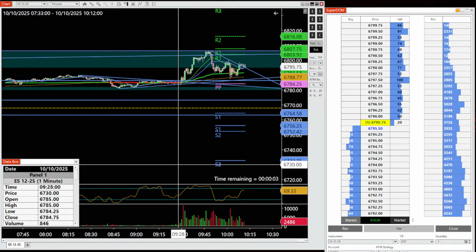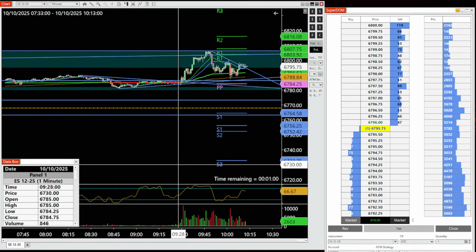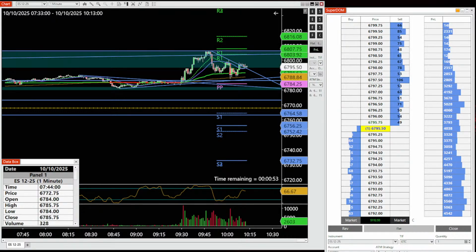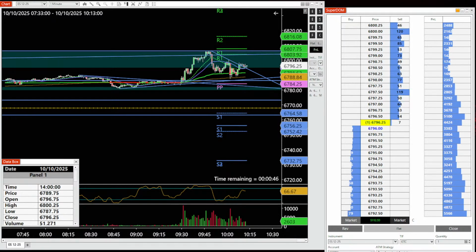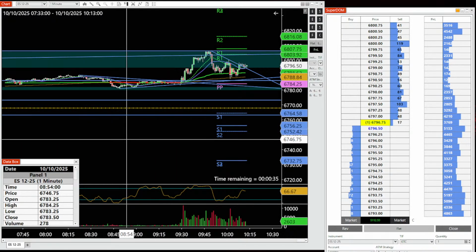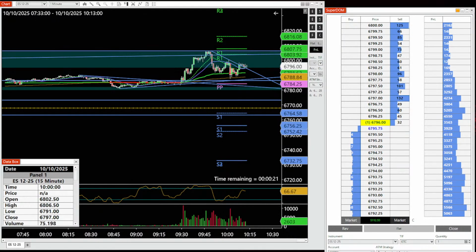Got 3 minutes before another 15-minute bar opens up. Back inside the range. Home of the range.